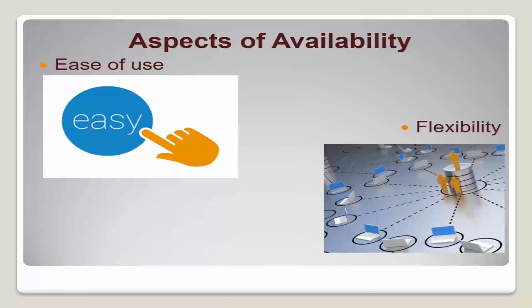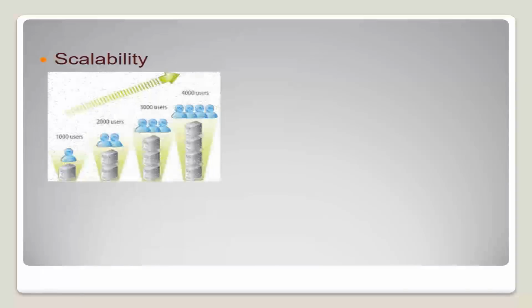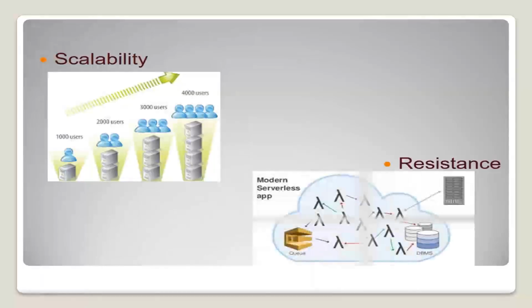Third aspect is scalability. System performance should not get affected by the increase in the number of users or processes which require services from the system. Last aspect of availability is resistance. User profiles must be defined and the resources used by any user should be limited.